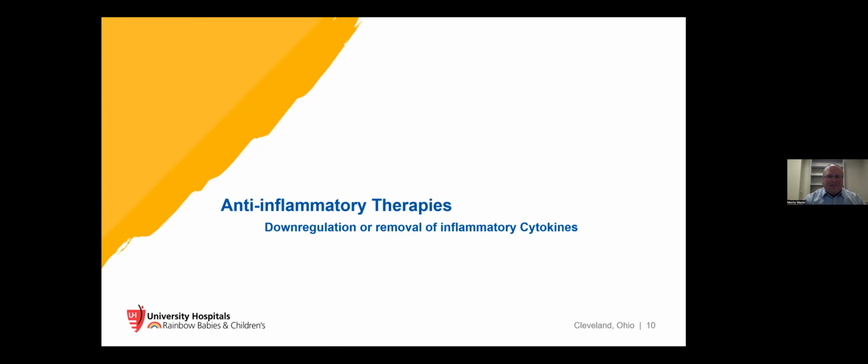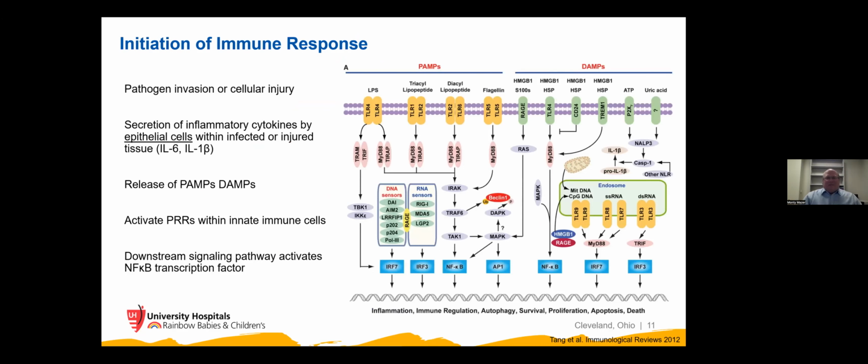So we're going to start with anti-inflammatory therapies. And the anti-inflammatory therapies range from non-specific to very specific. But before we do that, just to think through very specifically about how the immune system works. Whether you have a pathogen invasion or you have an injury inside or outside of the body, they will create damage to tissues.